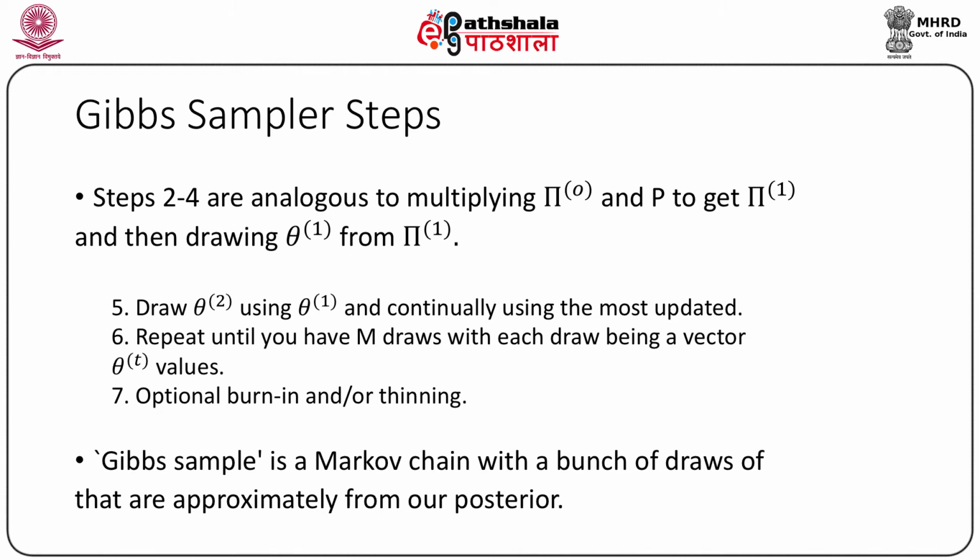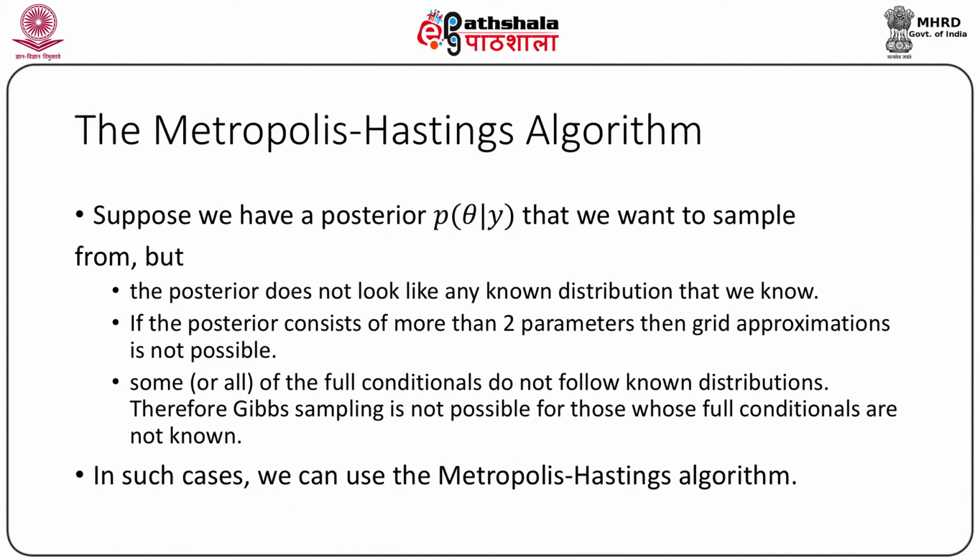Optionally apply burn-in and or thinning. The Gibbs sample is a Markov chain with a bunch of draws of theta that are approximately from our posterior. There are various applications of the Gibbs sampler which you learn in the notes, where we talked about the Poisson-gamma problem and the beta-binomial problem.